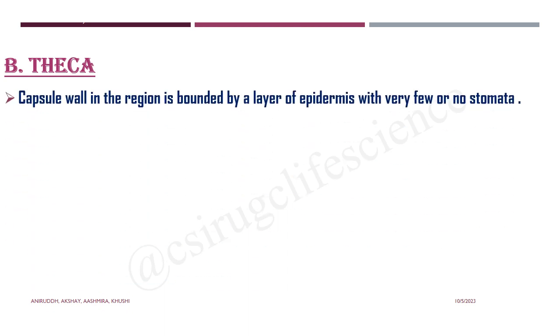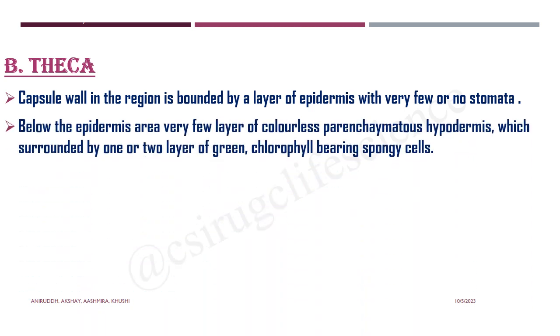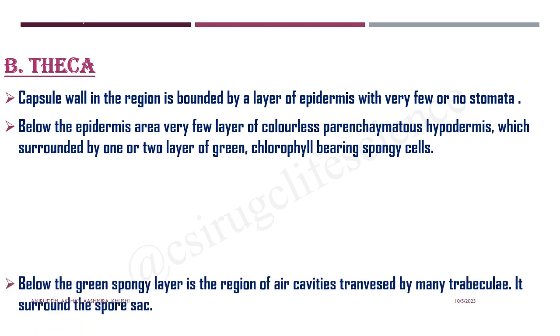Next one is theca. The capsule wall in this region is bounded by a layer of epidermis with very few or no stomata. Below the epidermis are a few layers of colorless parenchymatous hypodermis, which is surrounded by 1 or 2 layers of green chlorophyll-bearing spongy cells.